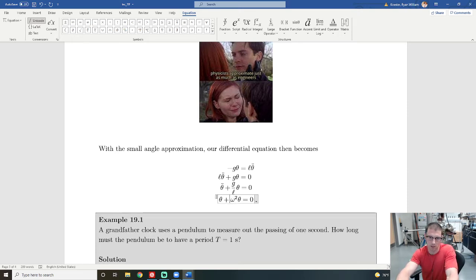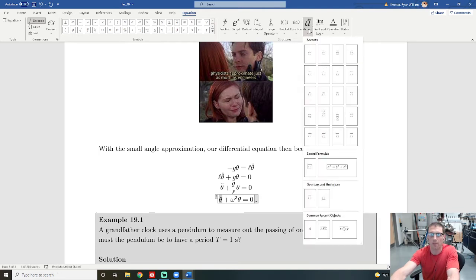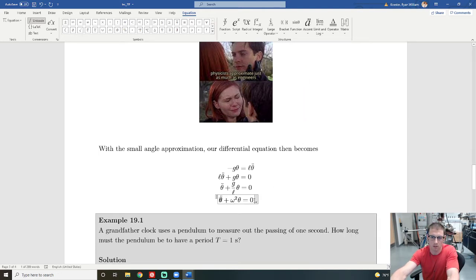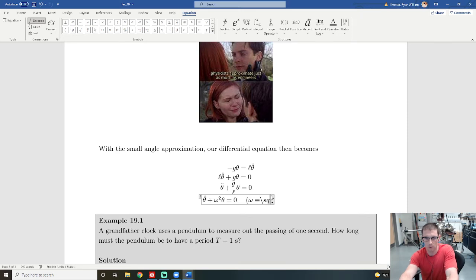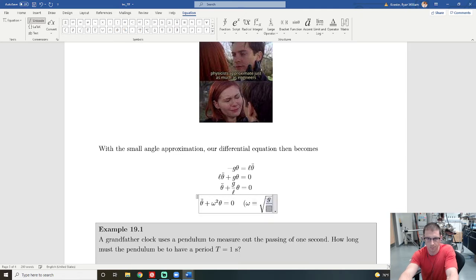So let me fix this. And let me make it explicit that in this case, omega is defined to be the square root of g over L. Cool.